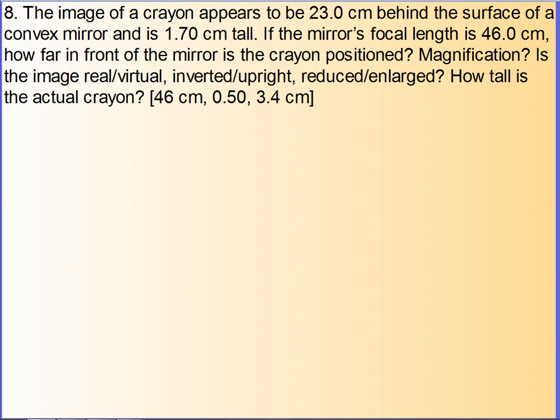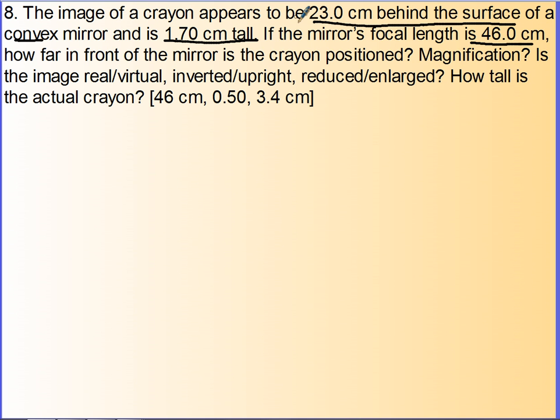All right, the image of a crayon appears to be 23 centimeters behind the surface of a convex mirror and is 1.7 centimeters tall. The mirror's focal length is 46. Where's the object? The object distance is basically what we're asking for.